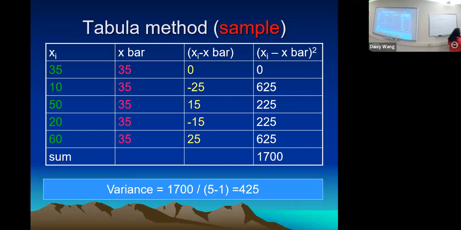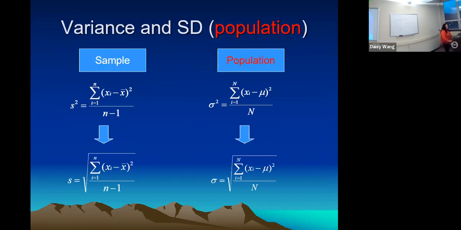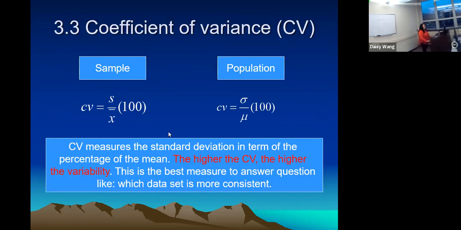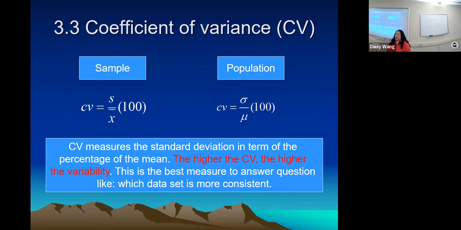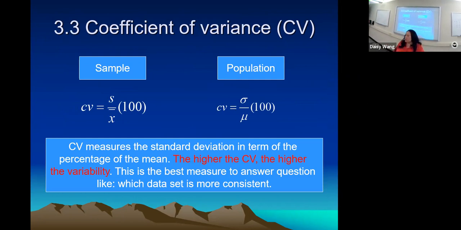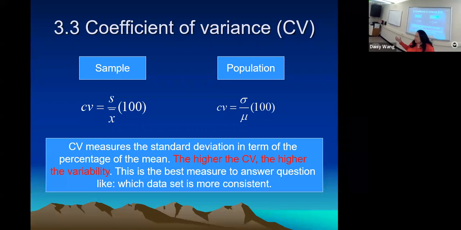Okay. So when we use that, sometimes, let me put it this way. If we compare the average of the income in our class to the average of your grade in test 1, okay?